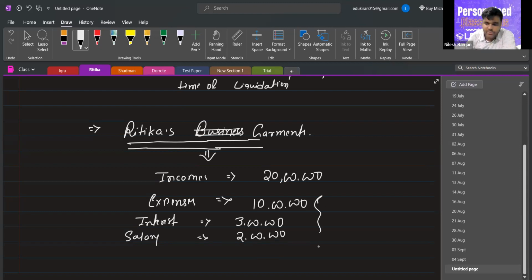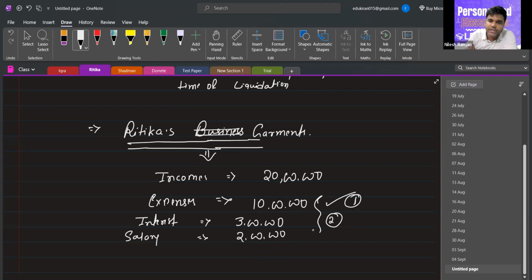In all of these expenses, which one will be paid first? So the salary. Salary? No, this will be paid first. Then the balance will be paid as interest. Salary is payable to you.